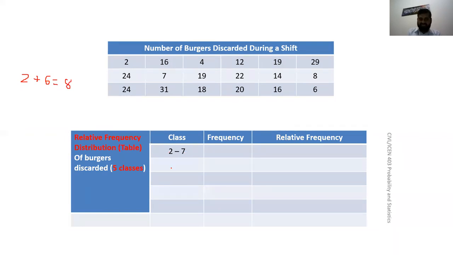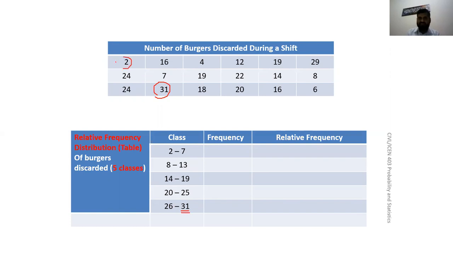This 8 is the next class. Remember, this 8 should come in the next class. Okay, now if you add another 6, then 14 should be the next class. Next, 14 plus 6 is 20, 20 plus 6 is 26. And now you see automatically I got this last one here.